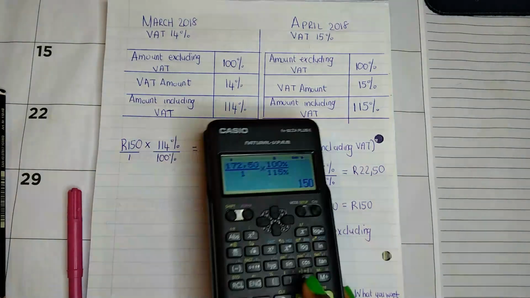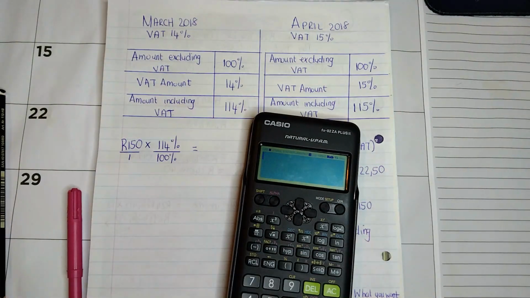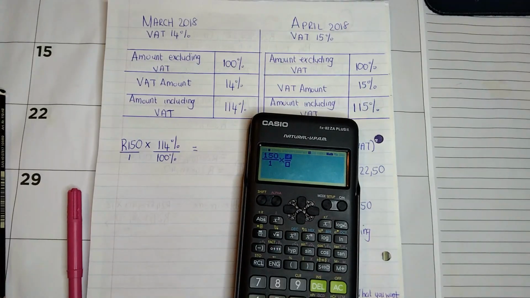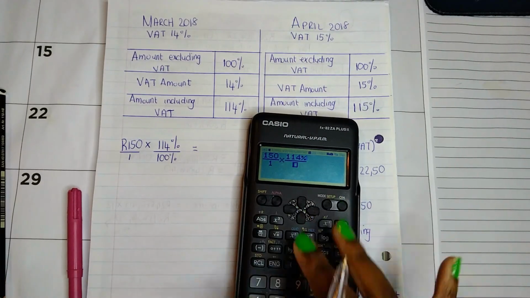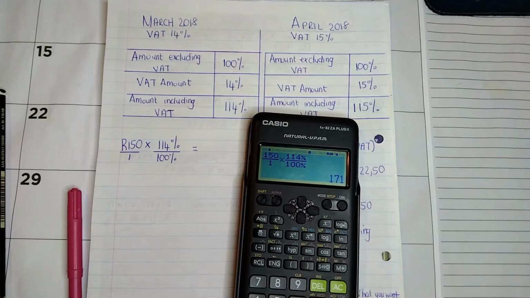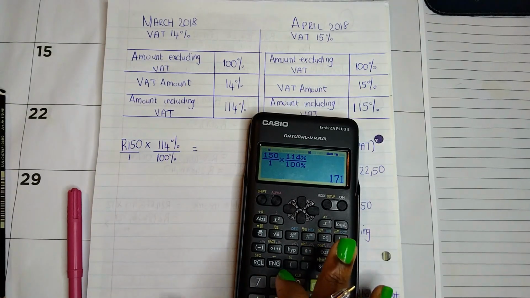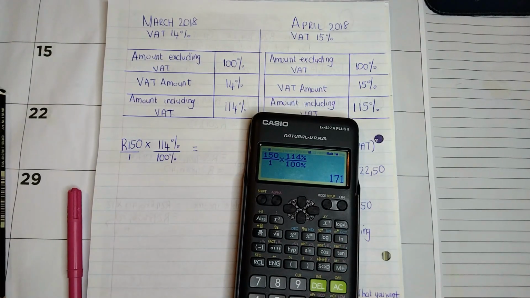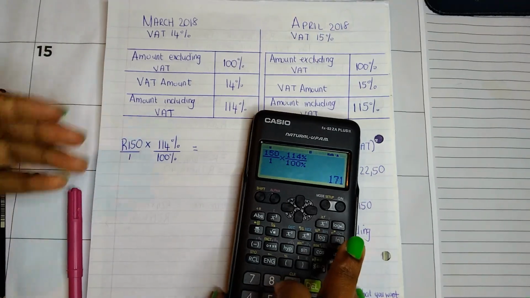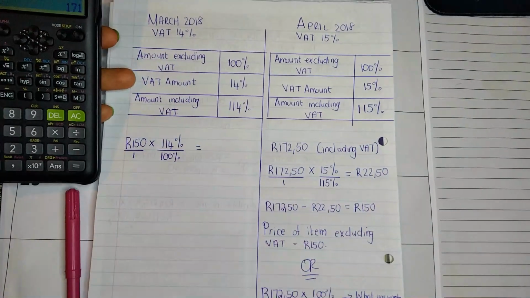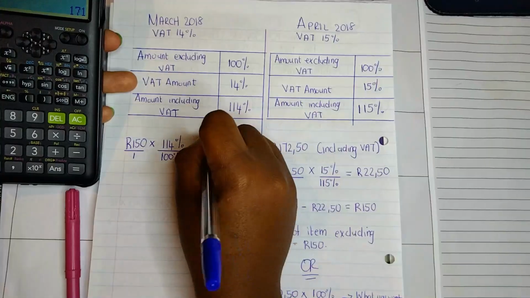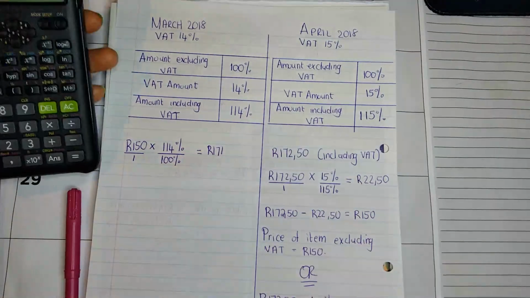Then you punch that into your calculator: 150 multiplied by 114%, all over 100%. So there we see that the amount including VAT for March 2018 is 171.